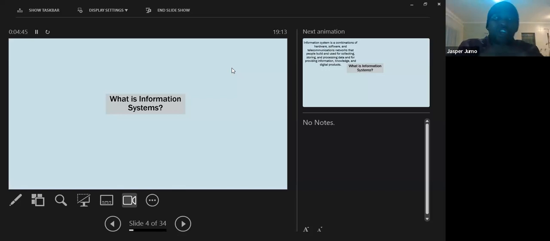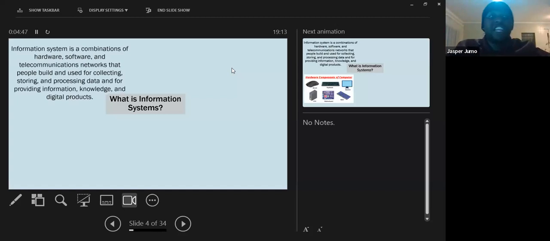All right. So an information system is a combination of hardware, software, and telecommunication networks that people build and use for, remember, we said information management is collecting, storing, and processing data, right? So with information systems, you are using hardware, software, and telecommunication networks to do information management.